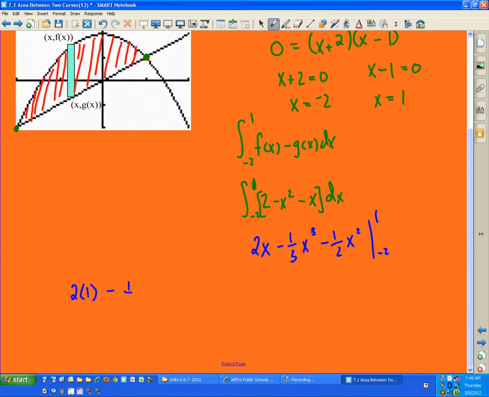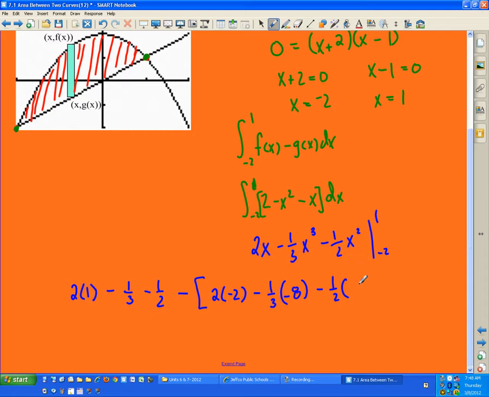Then we subtract away the second half, which is 2 times negative 2, minus 1/3 times negative 2 cubed, which is negative 8, minus 1/2 of negative 2 squared, which would be positive 4.